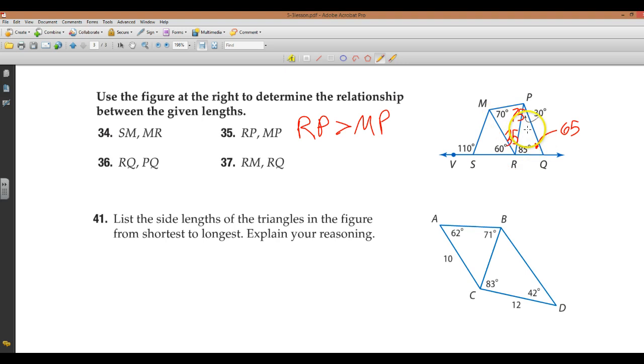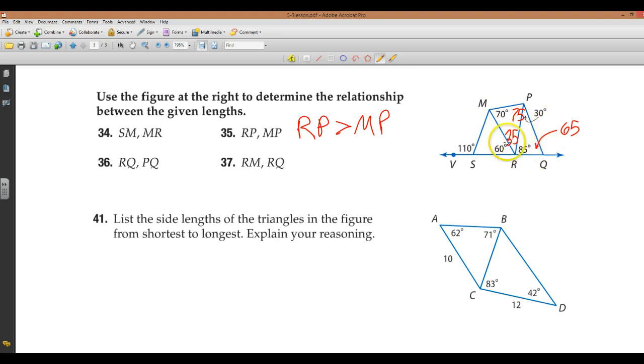So then we have to look at both triangles and then compare the two triangles related on their shared side. So our shortest side would be opposite from 30, so that's RQ, followed by PR, and then finally PQ, because that's opposite 85.